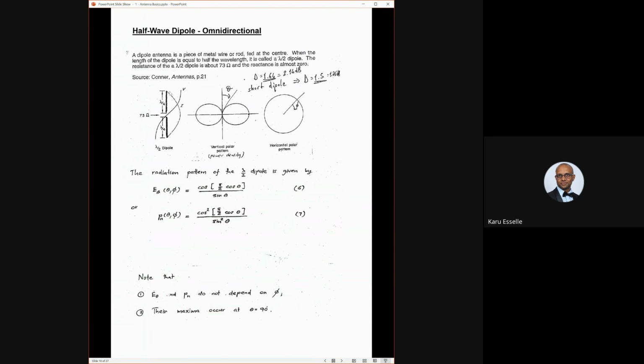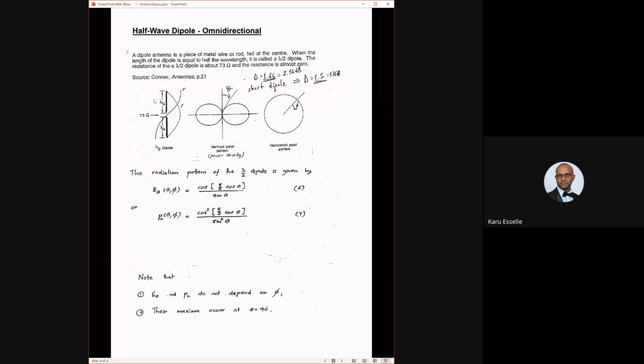Radiation pattern: omnidirectional on the horizontal plane, if the antenna is vertical. This is from another good book on antennas by Connor. So it's an omnidirectional antenna on the horizontal plane. The radiation pattern is a circle.